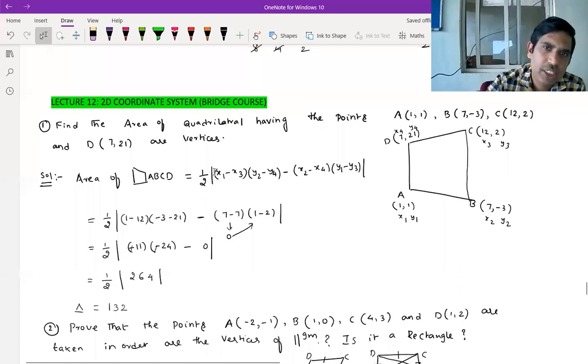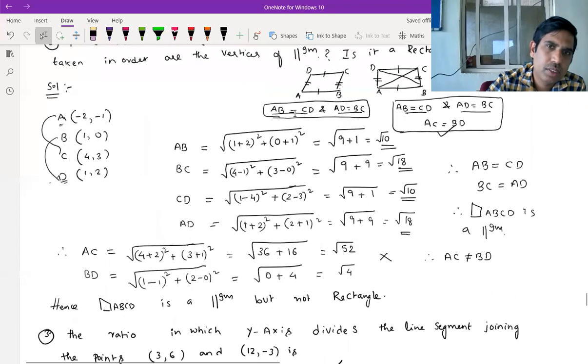Right. First page. You can take screenshot. Next page.